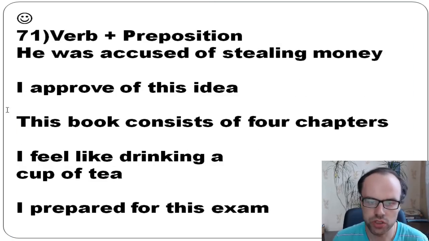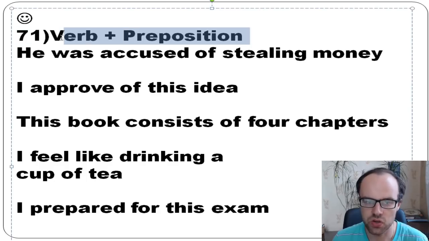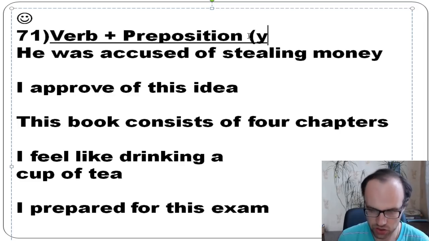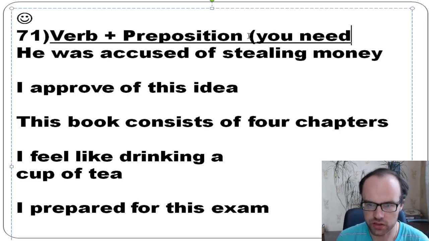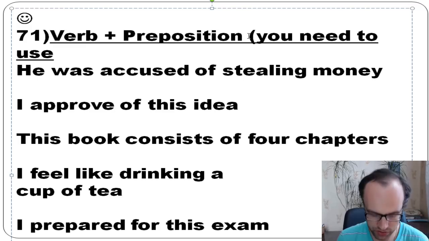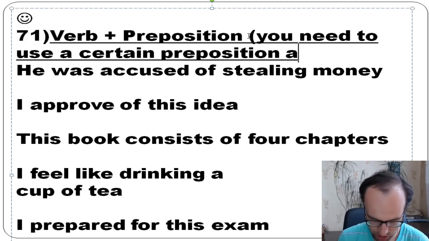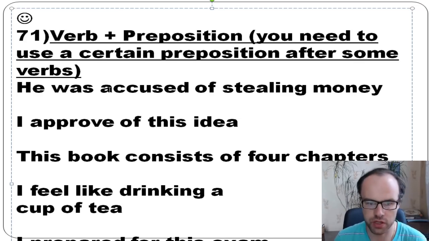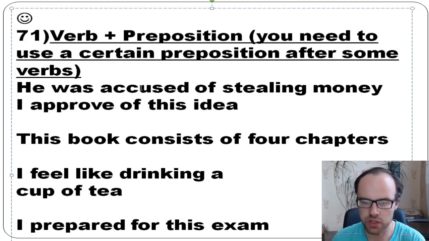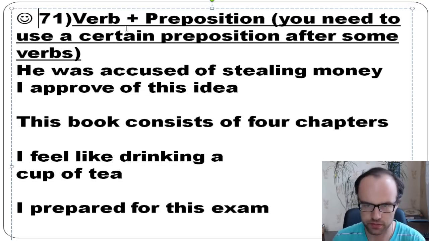Well, what about verbs and prepositions? It's the same thing. There are some verbs, you need to know them, and you need to use a certain preposition after them. So let me give you some examples.